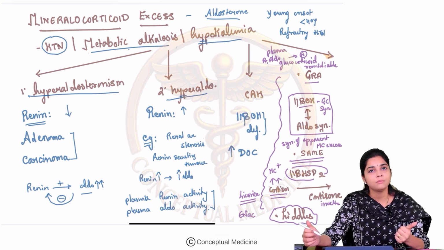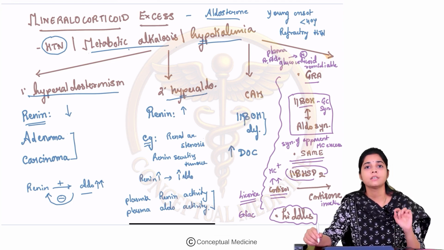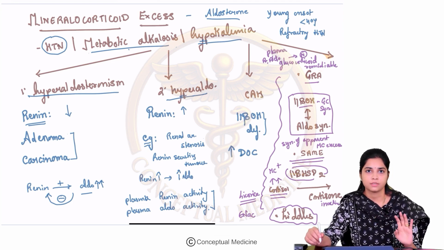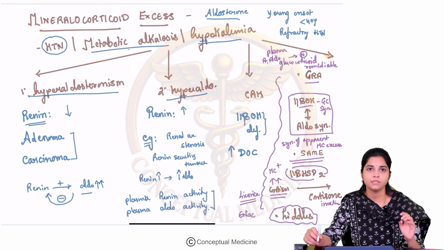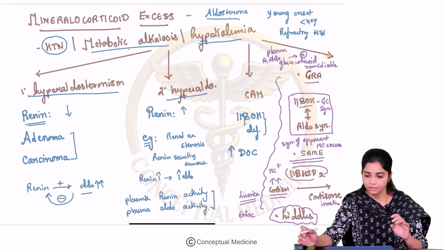The second is mineralocorticoid excess. We have looked at hyperaldosteronism, primary and secondary, and if both renin and aldo are normal, the rare genetic Mendelian mutations which can cause this secondary hypertension with hypokalemia: GRA, SAME, Liddle syndrome and excessive licorice consumption. Alright, clear till here.